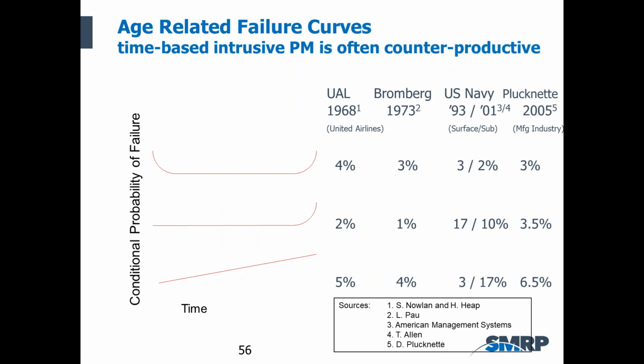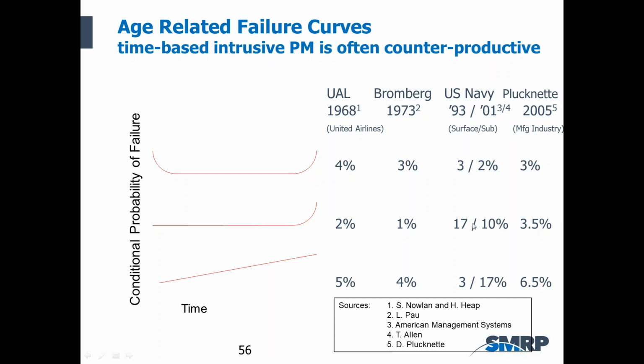So let's look at some more data. Here we've got on the vertical axis conditional probability of failure, and we've got different failure patterns. These percentages are the percentages of equipment in each of these studies that had this kind of pattern. So the bathtub curve, how often does that apply? Well, not very. How about the PM curve, doing time-based replacement? How often does that apply?